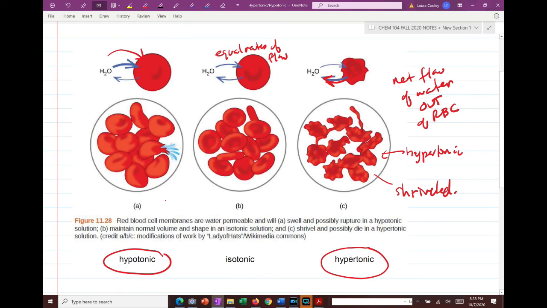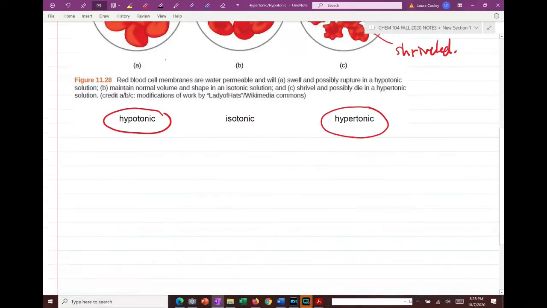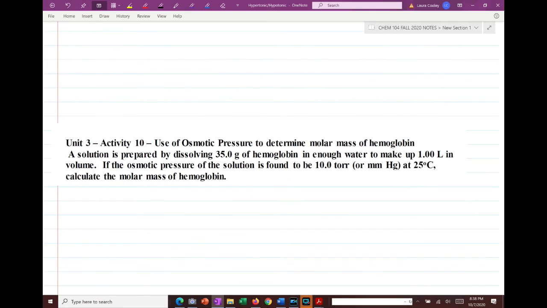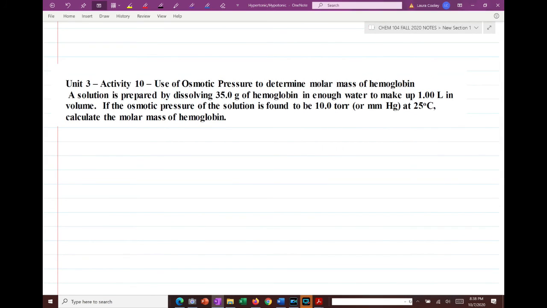There's just one more thing I'd like to go over with you about osmotic pressure, and that's to do a different kind of problem. You can actually use osmotic pressure to determine molar mass, and I'm going to go through an example of that with you. So a solution is prepared by dissolving hemoglobin, 35 grams, in enough water to make 1 liter.